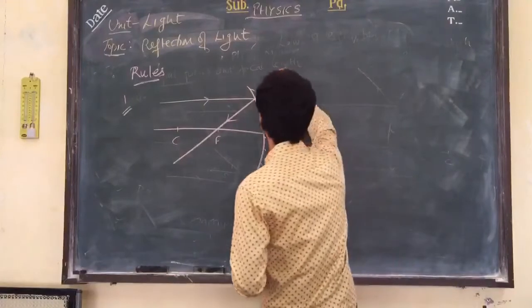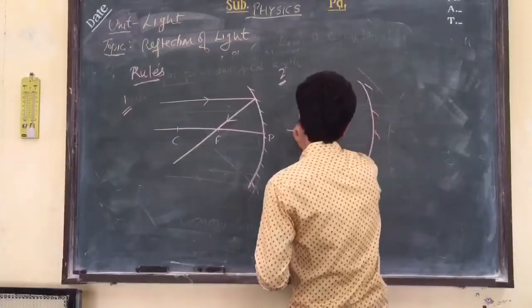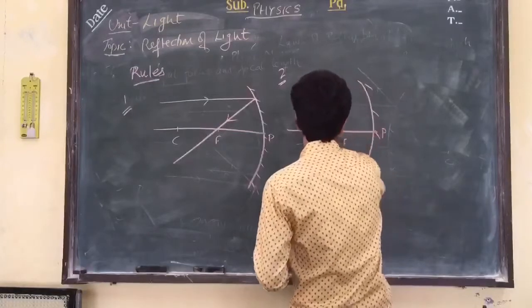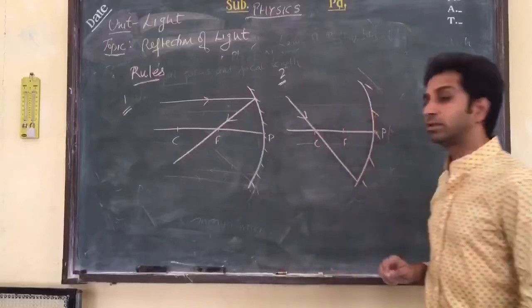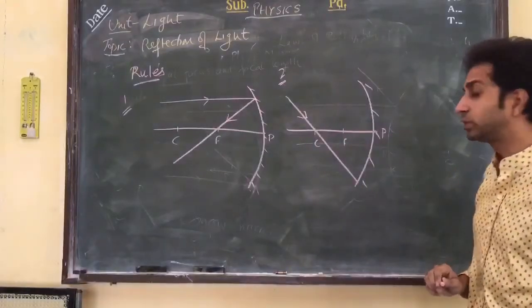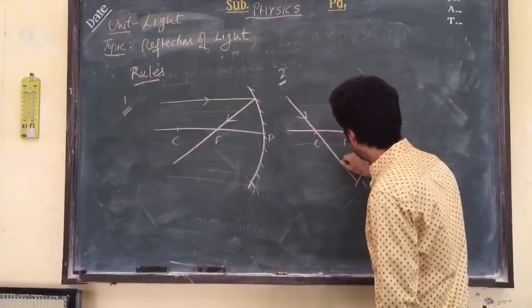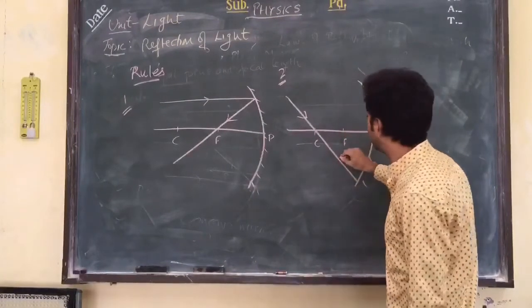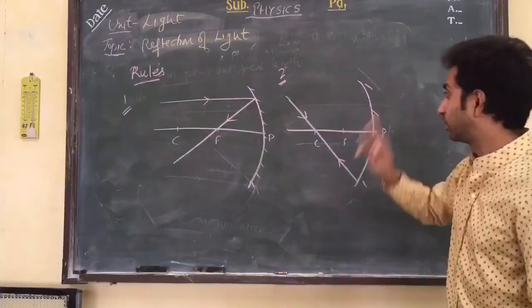Now second, suppose a ray of light passes through the center of curvature, then the reflected ray will retrace its path along the same manner, right?